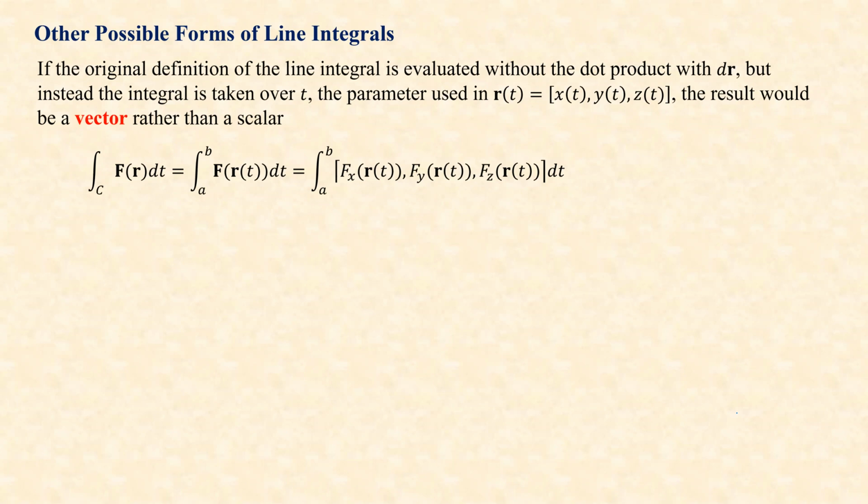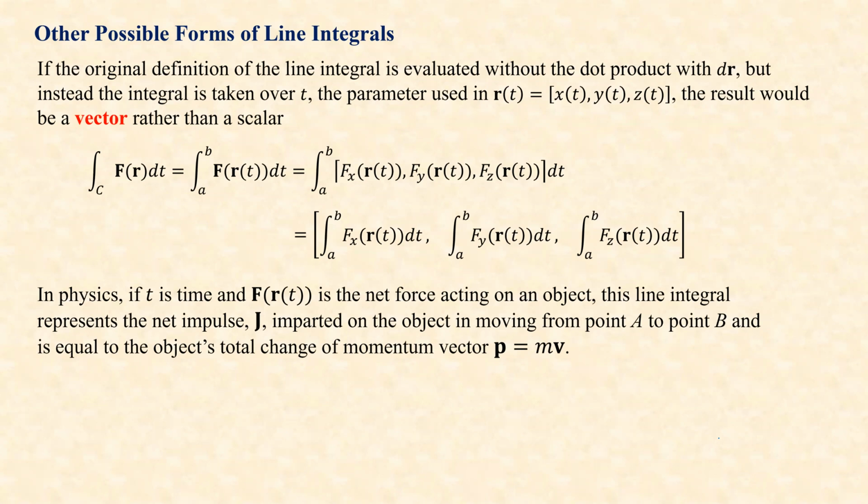It's the 3 components, and then the integral can be taken over each part, so it becomes a vector. Each component of the vector is the integral of that component of f with respect to time. So we get a vector.